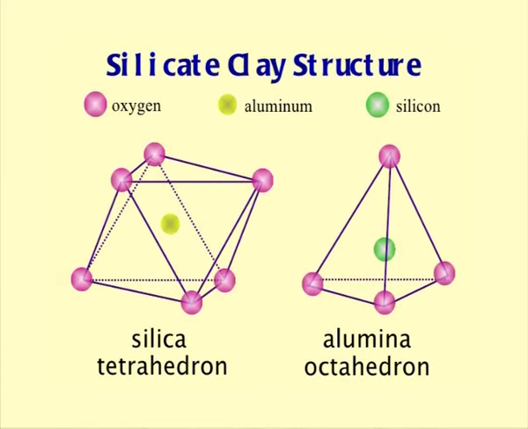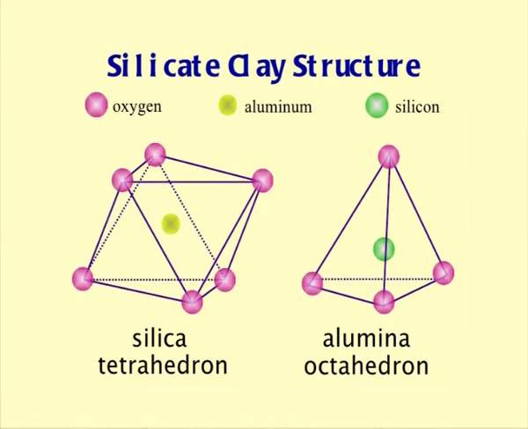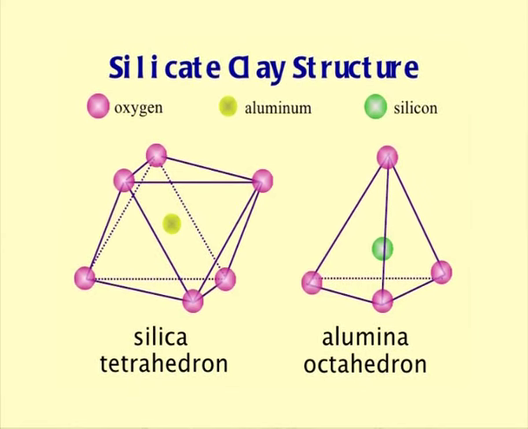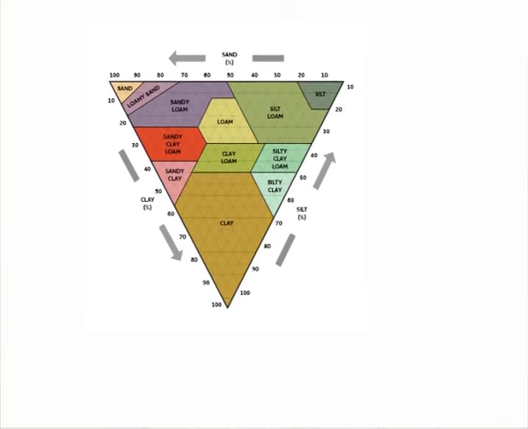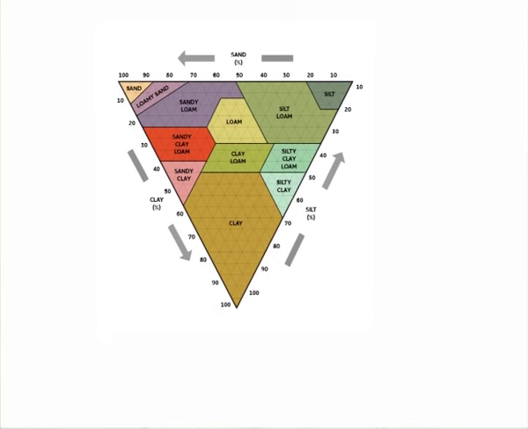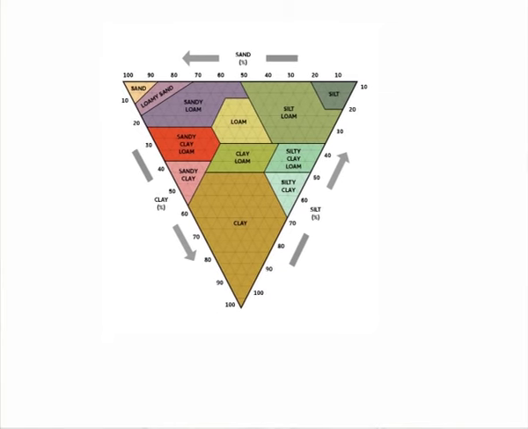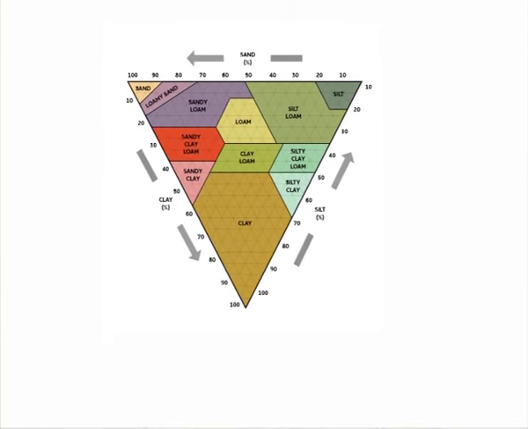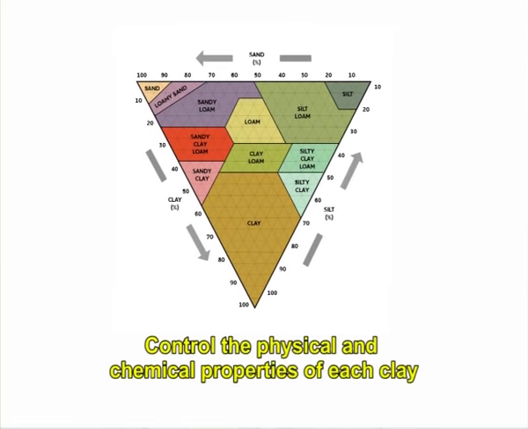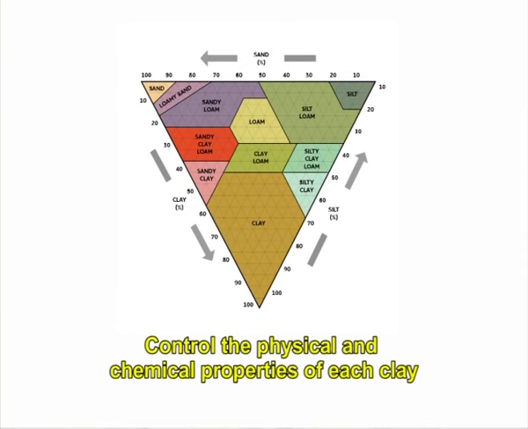They, in turn, are bound together within the crystals by shared oxygen atoms in different layers. The specific nature and combination of sheets in these layers vary from one type of clay to another and largely control the physical and chemical properties of each clay.